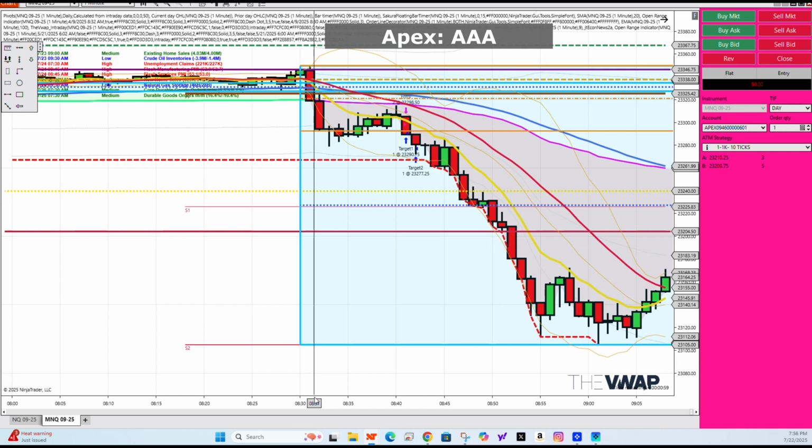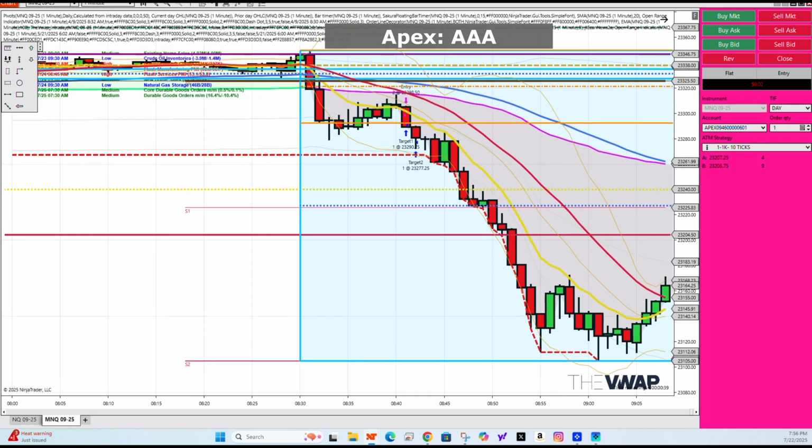So it's really the initial balance, high and low. It just shades in that area. It's not really a specific strategy that I use, but I have it as a framework in which to look at market structure. So I just wanted to tell you what that is.